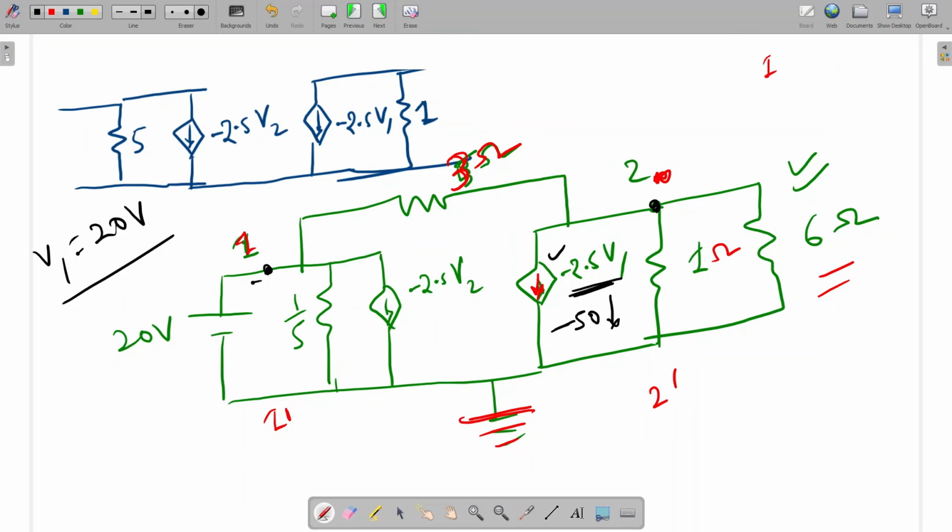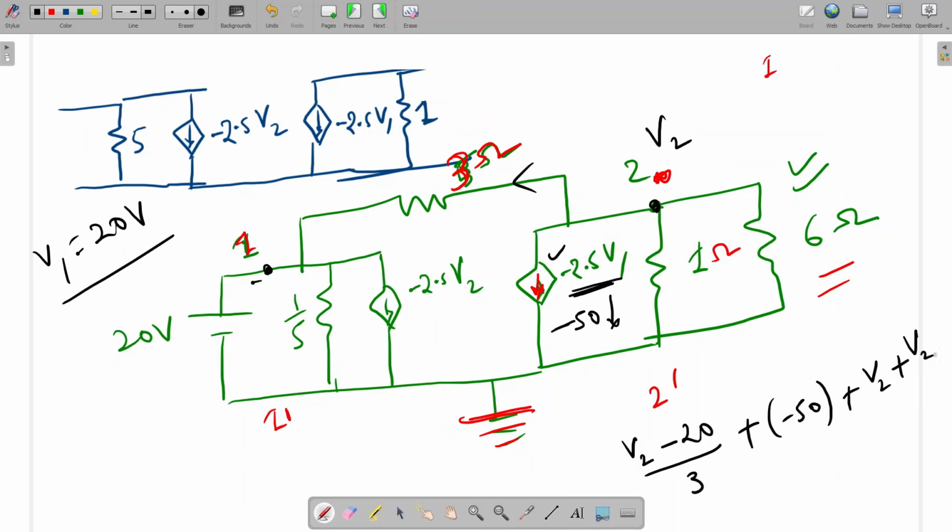Okay, so I am going to write the KCL. This voltage I am selecting as V2. So I'll write V2 minus 20 divided by 3, plus this is minus 50, plus V2 divided by 1, plus here V2 by 6 is equal to 0.